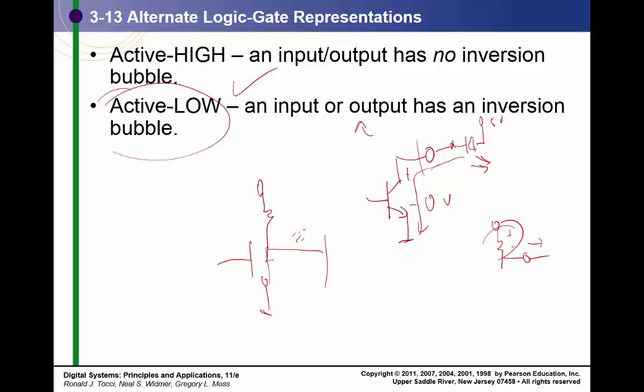That tends to be a little bit better than the other option, where I push the button to open the circuit to take it high, because I've always got current going through this circuit. So typically active low is the preferred method.